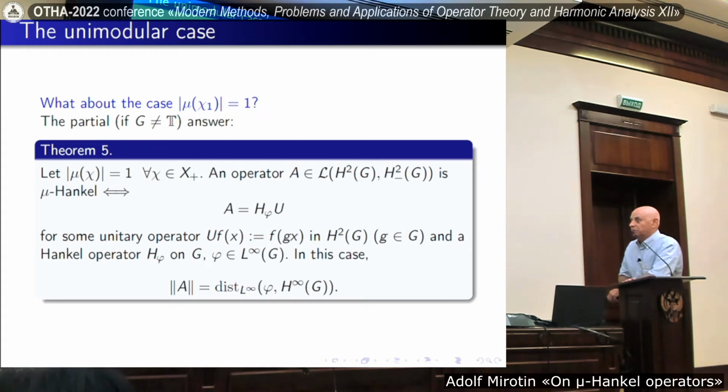This is a shift in the space L2 with respect to some fixed element g of the group capital G. And so the norm, for example, of the operator A equals the norm of the Hankel operator H phi, and it is given by the last formula: the distance between phi and the space H infinity of G, the distance with respect to the metric in L infinity.